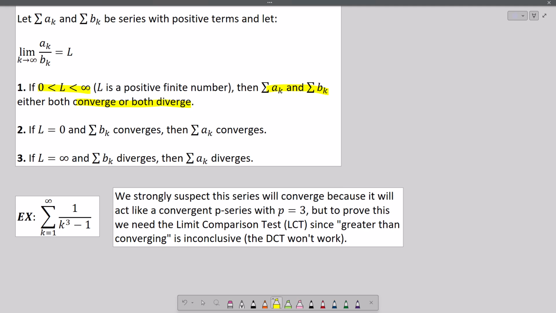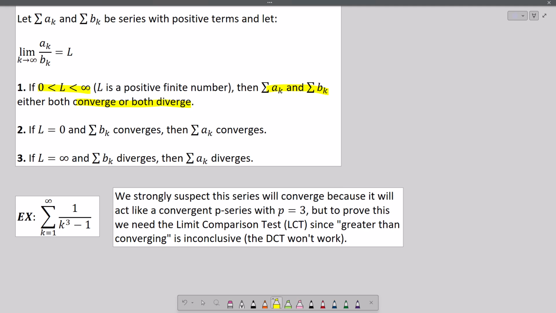They both converge or they both diverge. So if the integral converged, the series converged. If the integral diverged, the series diverged. So the integral test said that the series and the integral do the same thing. They're either going to both converge or both diverge. Both converge, both diverge. So it's similar to that.